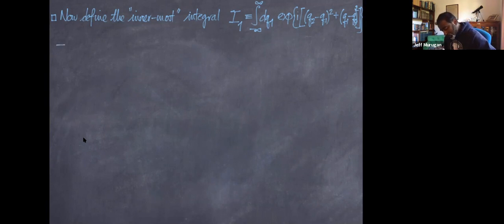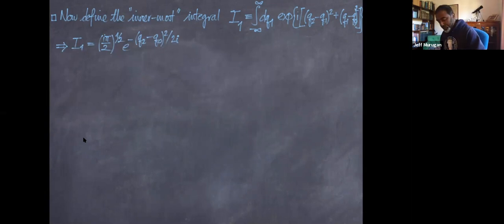And what you will find is that I1 is simply (i pi by 2) to the half times e to the minus (Q2 minus Q0) squared over 2i. So that's a nice result, but it really is just a Gaussian.